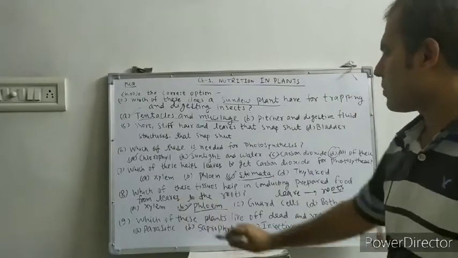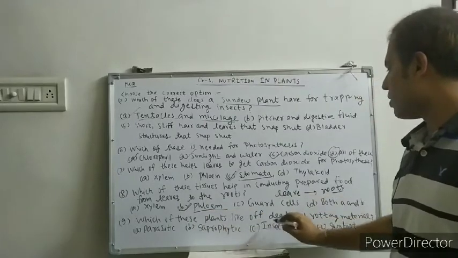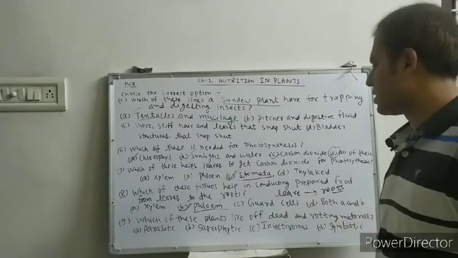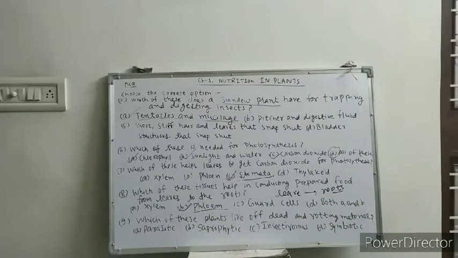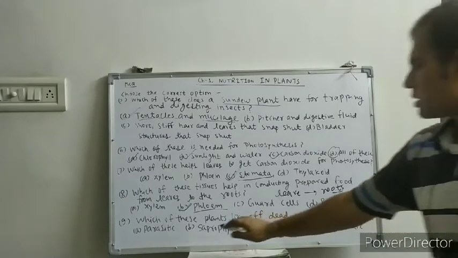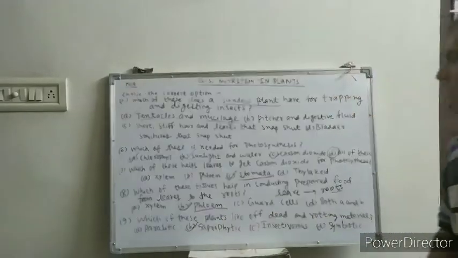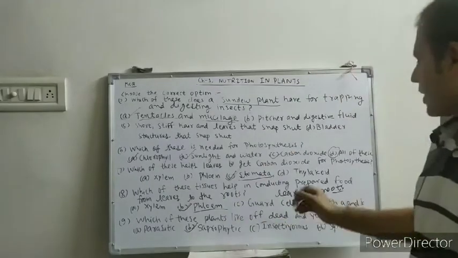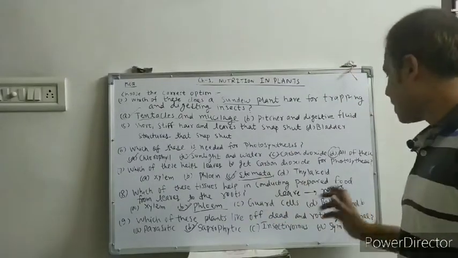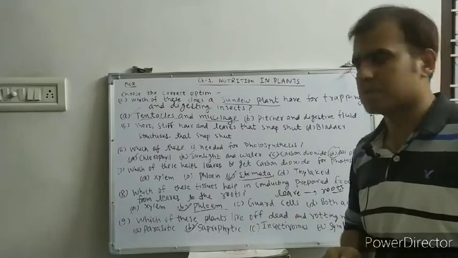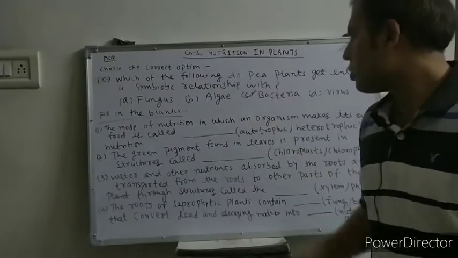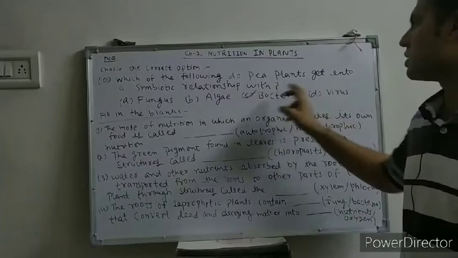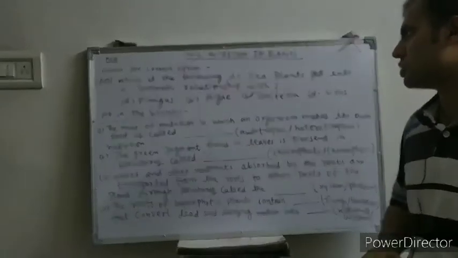So ninth question, which of these plants live off dead and rotting materials? It is very simple. Saprophytic plants depend on dead and rotting material. Understand? Tenth question, which of the following do pea plants get into a symbiotic relationship with?